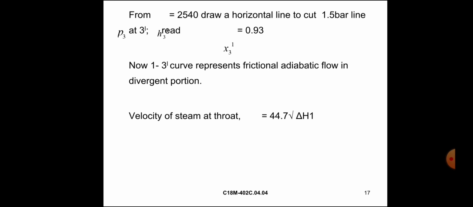Velocity of steam at throat: V2 is equal to 44.7 under root Delta H1. Therefore V2 is 44.7 under root 116, which is 481.4 meter per second.